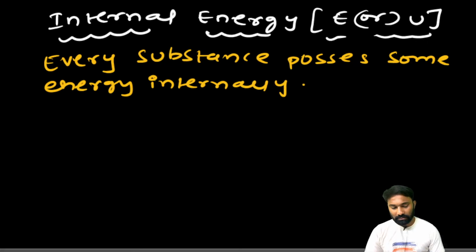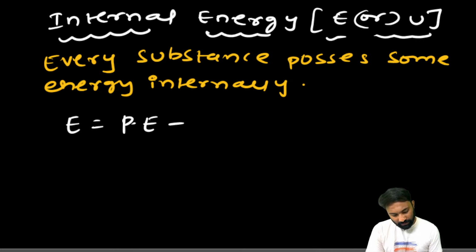That is called internal energy. So internal energy, E, is equal to potential energy plus kinetic energy. Every system possesses some energy internally. How? Due to the kinetic energy and due to the potential energy.